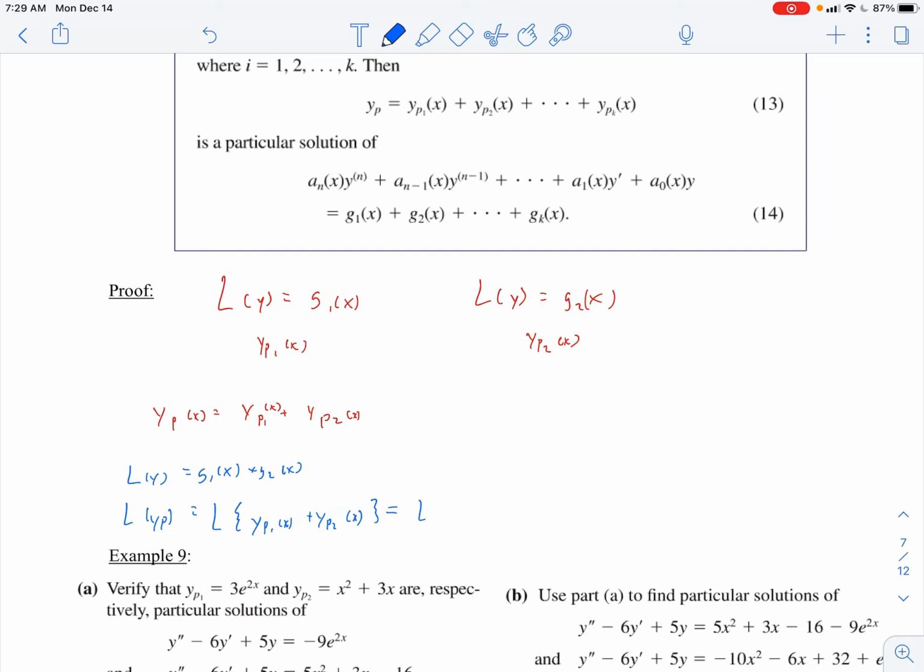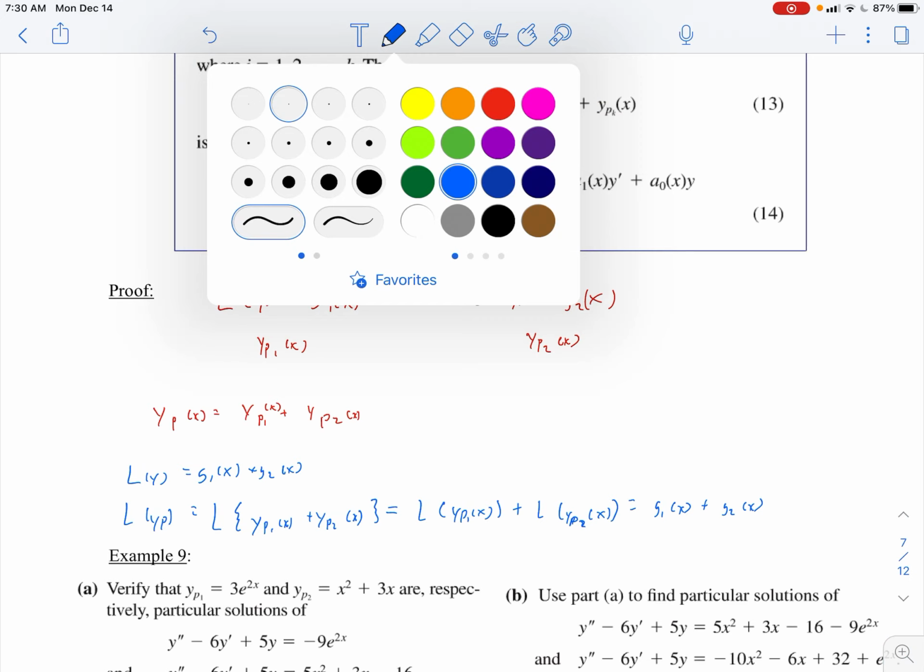That's just going to be our linear differential operator applied to y sub p1 of x, plus our operator applied to y sub p2 of x, which is just going to equal g1 of x plus g2 of x.